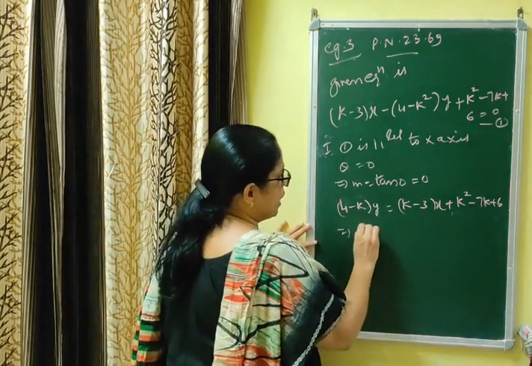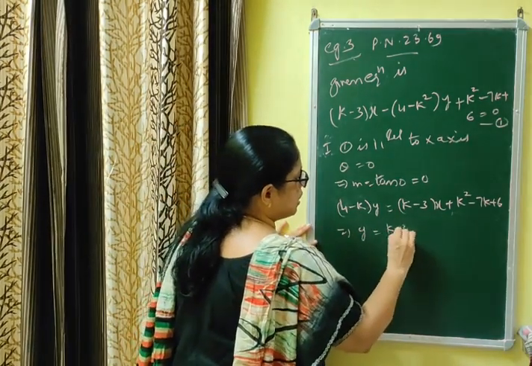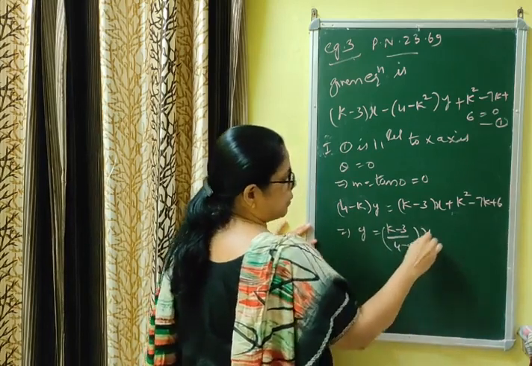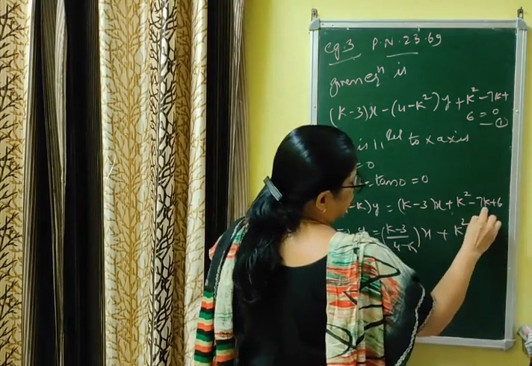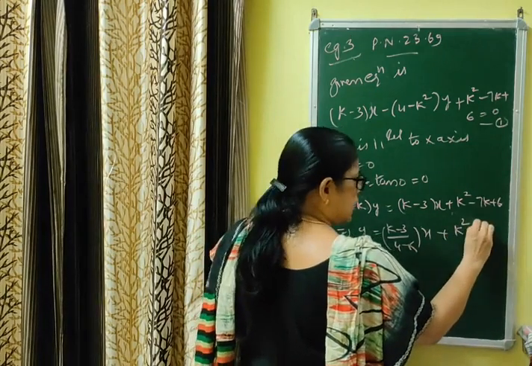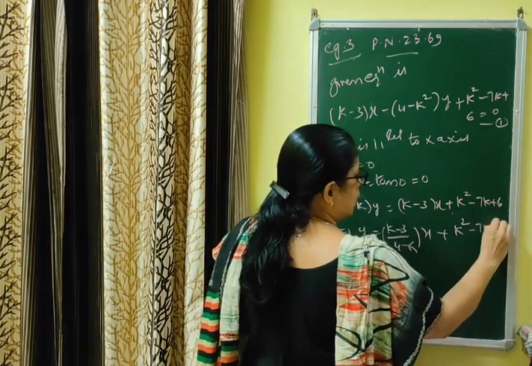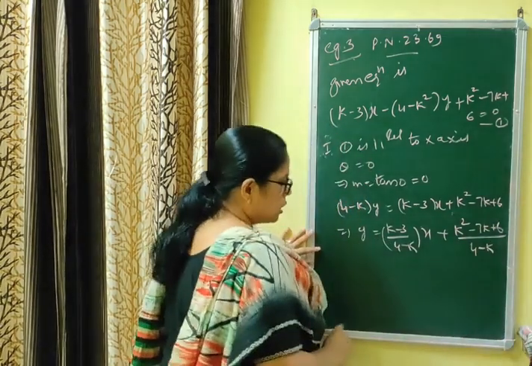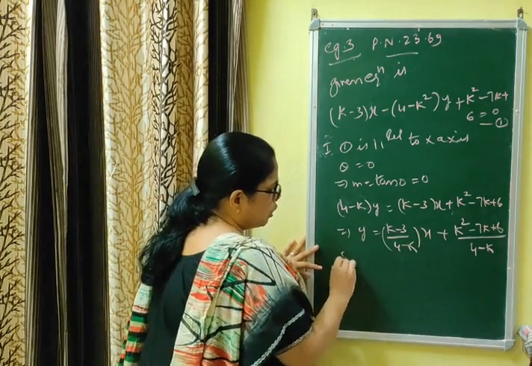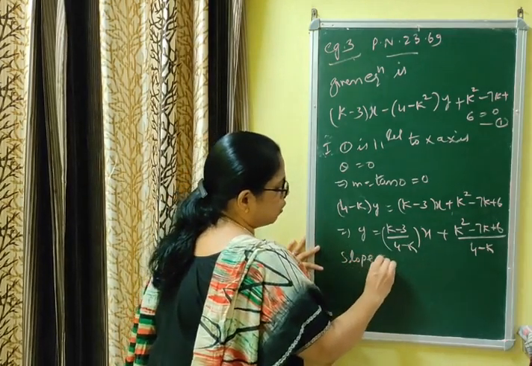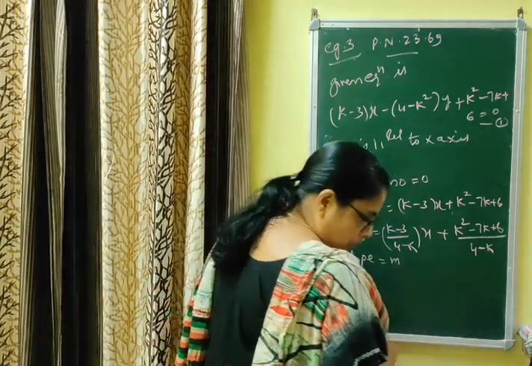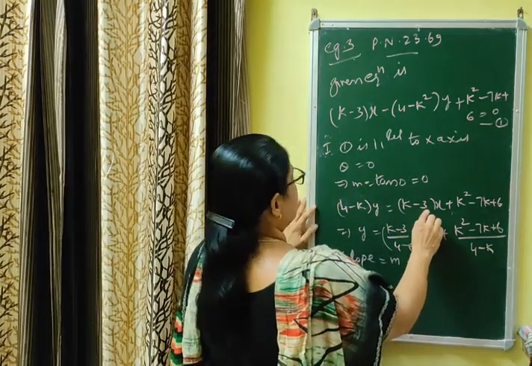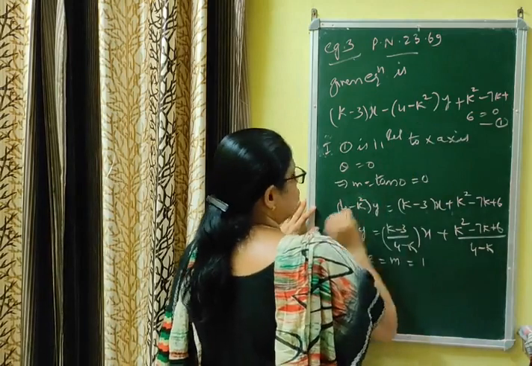That means y is equal to k minus 3 upon 4 minus k square into x plus k square minus 7k plus 6 upon 4 minus k square. That is y equal to mx plus c, so the slope equal to m.